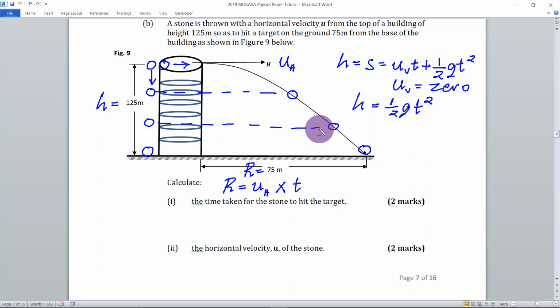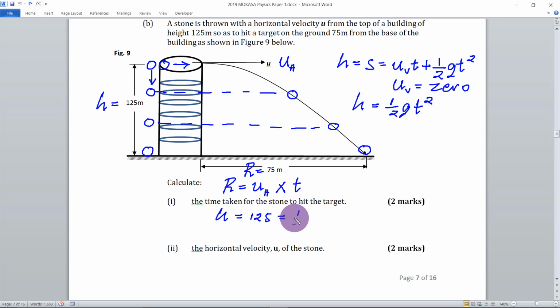So the time that this object takes to hit the ground is the same time that this one also takes to hit the ground. So when it comes to calculate this time, the best equation to use here, depending on what is given, is this equation here, because the h is that vertical height, which is 125 meters.